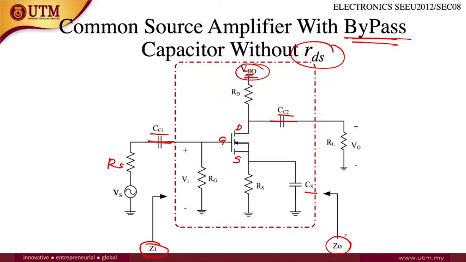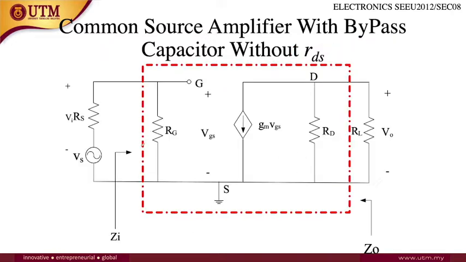The output impedance is before the load resistance, so to calculate the output impedance, you don't have to involve the load resistance value.